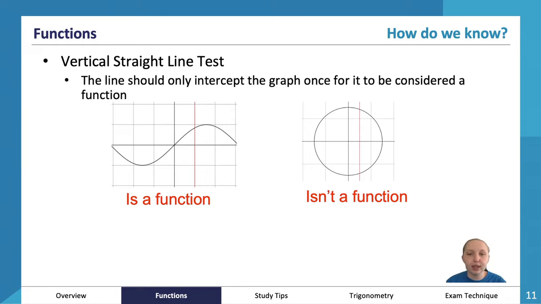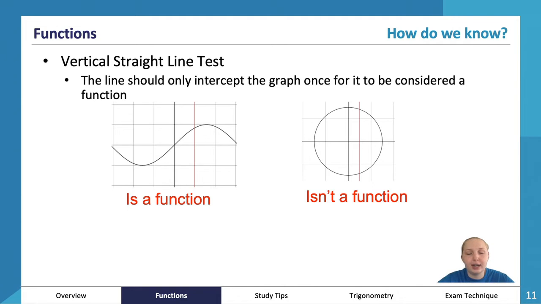And drawing a line with x equals something, if it intersects the graph at 2 points, that x has at least two y coordinates. On the converse, if we have a straight line going down our graph and it only intersects once, that means that x equals whatever we've made it equal to only intersects the graph once, therefore it only has one y coordinate. And that is how we can tell graphically whether something is a function or not.